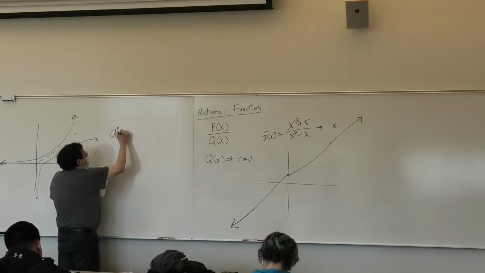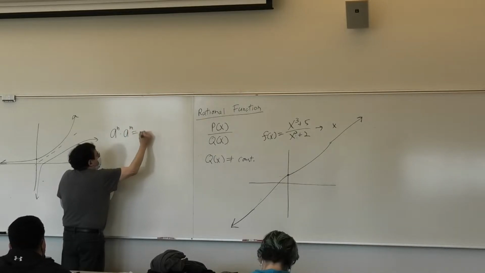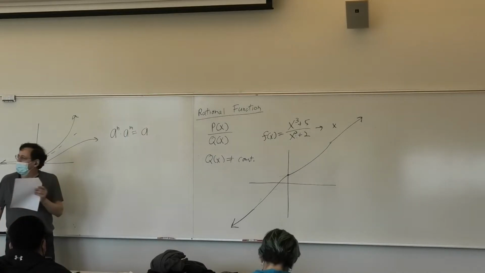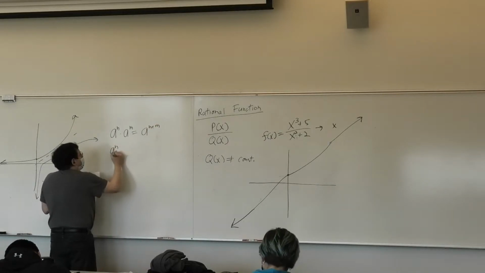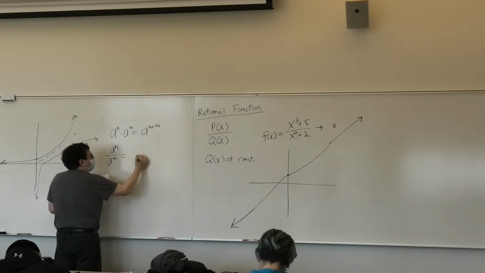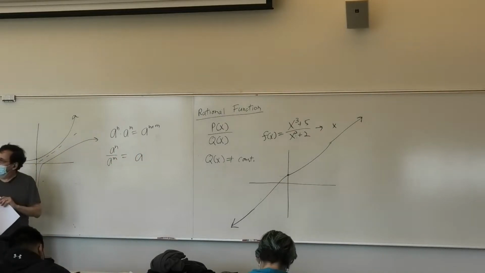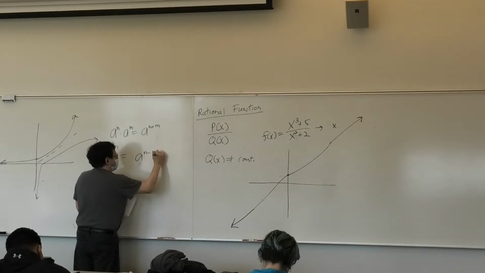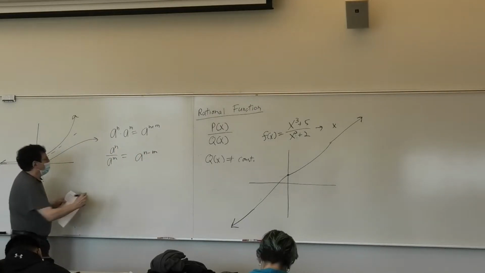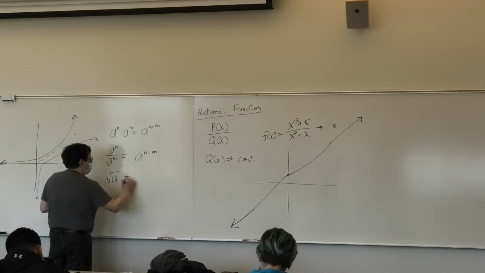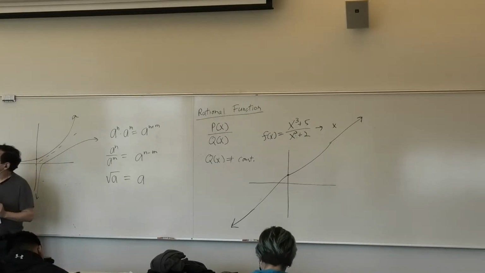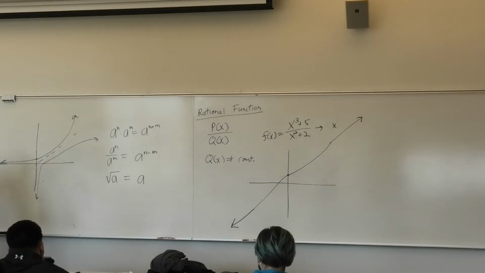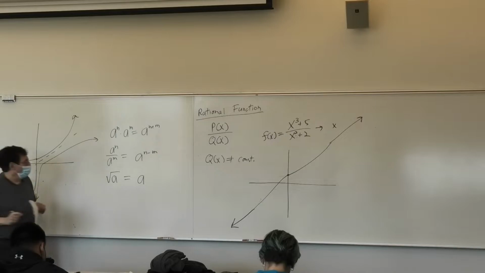You should know that a to the n times a to the m is a to the n plus m. A to the n over a to the m is a to the n minus m. The square root of a is a to the, anybody doesn't know this, pay attention, this will happen to you. 1/2.